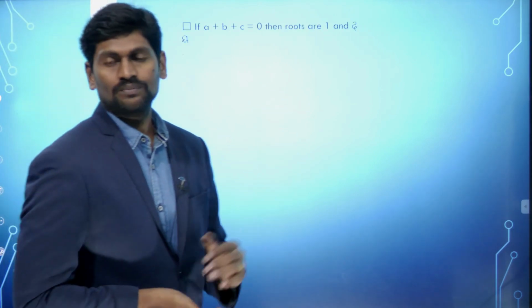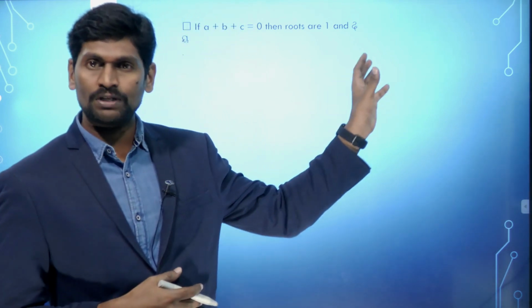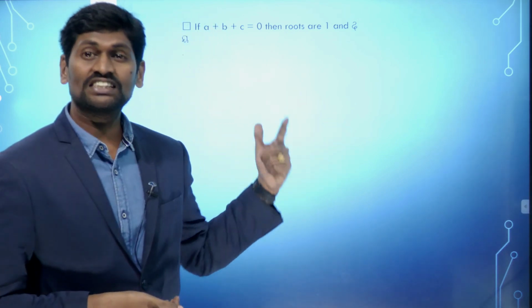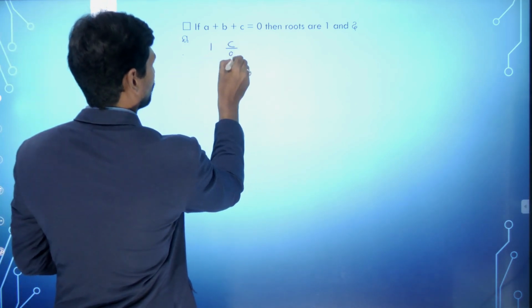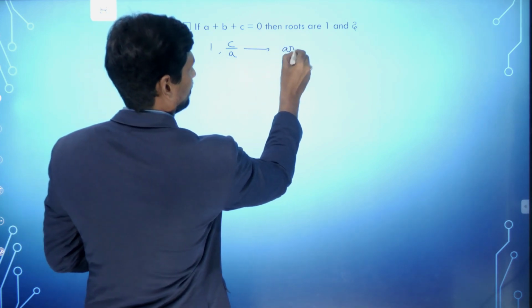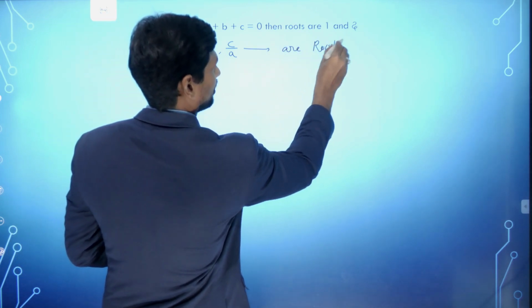Now coming to this one, in the quadratic equation ax square plus bx plus c, if a plus b plus c value is 0, then 1 and c by a are roots. These two are roots for the quadratic equation.